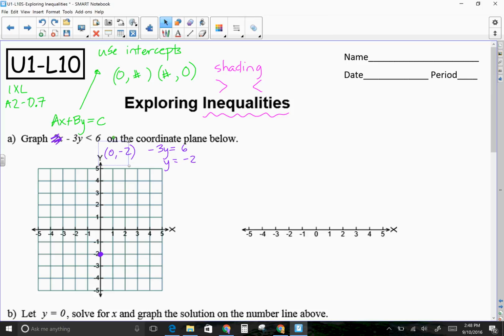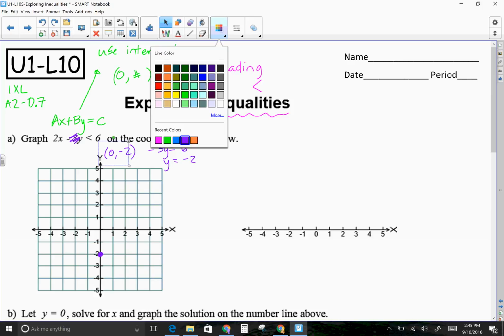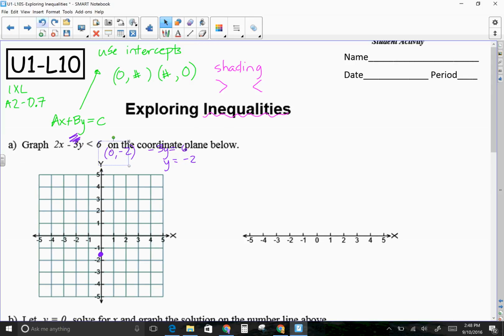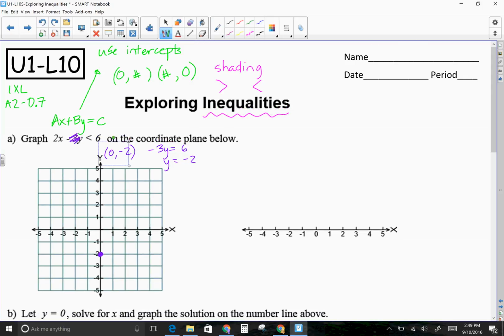And then if I put 0 in for y to get rid of my y, then I am left with the equation 2x equals 6, so x equals 3. So that gives me the point 3, 0.